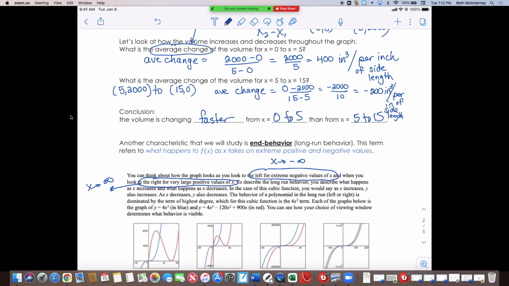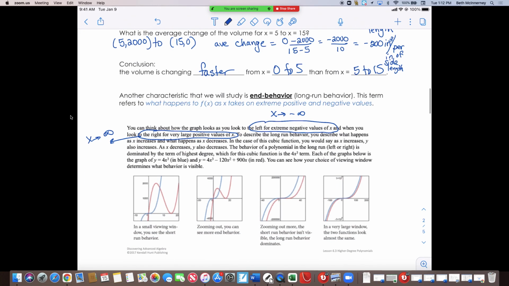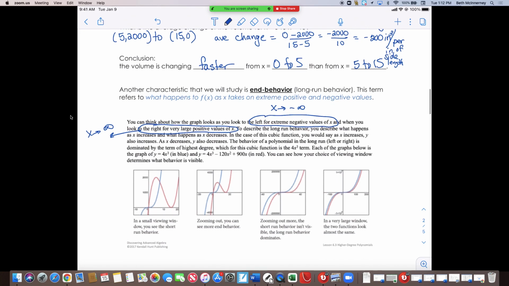The behavior of a polynomial in the long run is dominated by the term of the highest degree. So if you take a look here, where I have in blue is just, let's use our highlighter here, blue is y equals 4x cubed, and in red is the volume formula we were working.